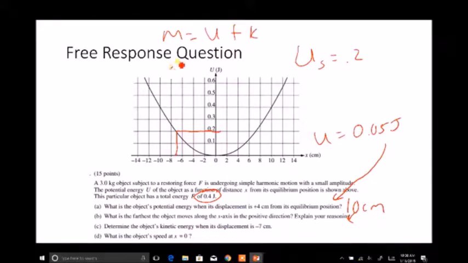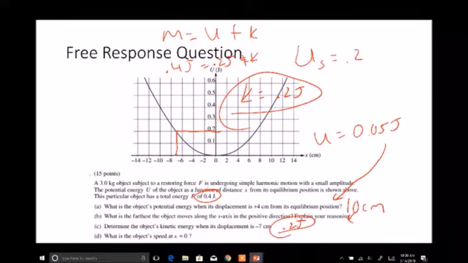We had 0.4 joules of mechanical energy. At -7, 0.2 or so of those joules is potential, which means the rest has to be kinetic. So we're saying at -7, we've got about 0.2 joules of kinetic energy. And that's our answer on C, 0.2 joules.